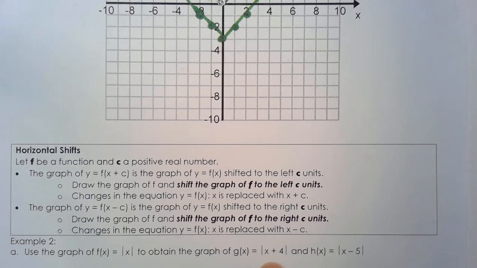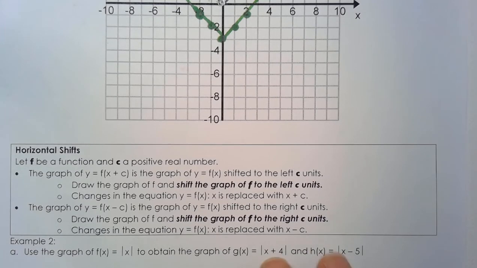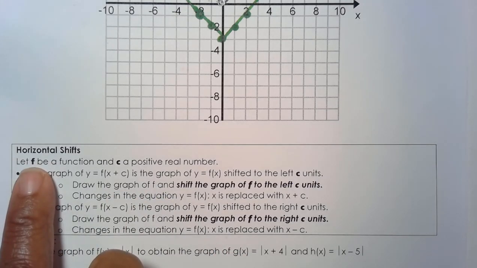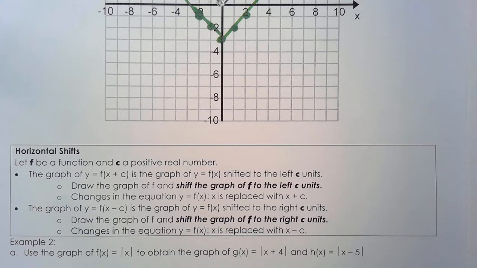So we're going to draw 2 graphs here, but this time it's going to shift horizontally. When there's a number within the grouping symbol, our grouping symbol is the absolute value, it's going to shift. How? Let me show you and let me highlight how it's going to shift.